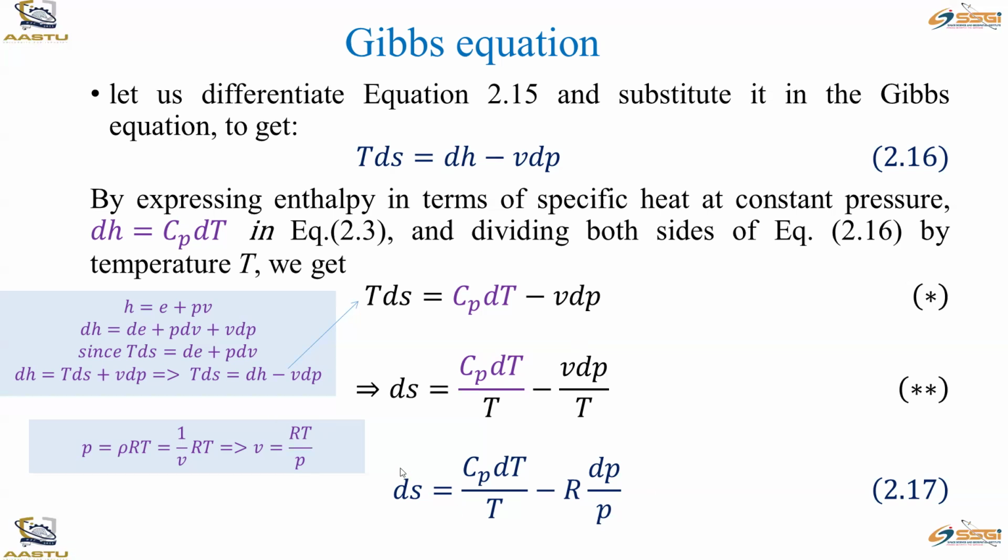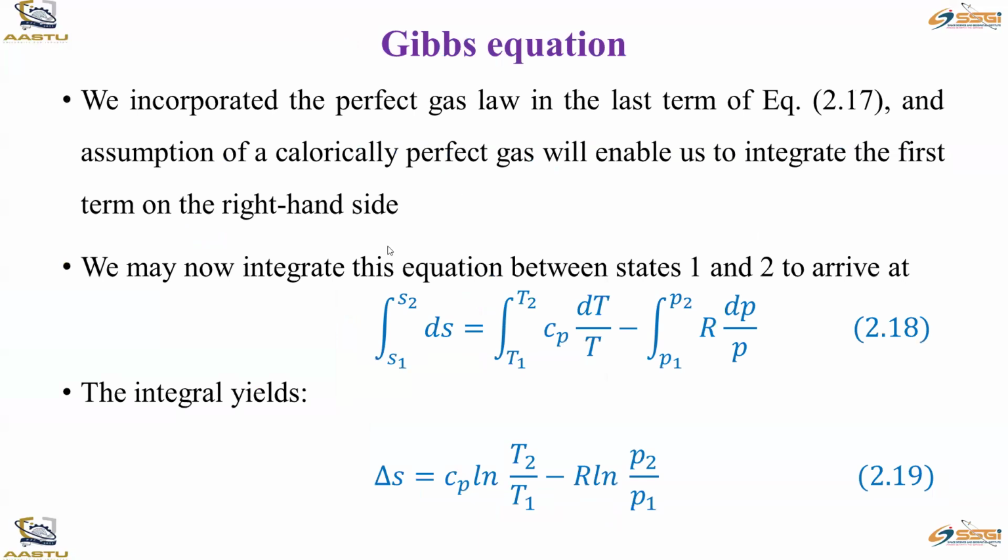By integrating this from point 1 to 2, we get the change in entropy. When we perform integration here, Cp ln T will come, and R ln P also comes. So you can perform the mathematical integration simply: S1 to S2 dS, T1 to T2 Cp dT over T, this is ln type.